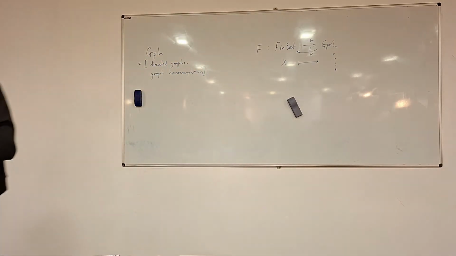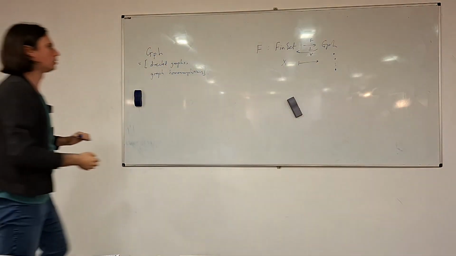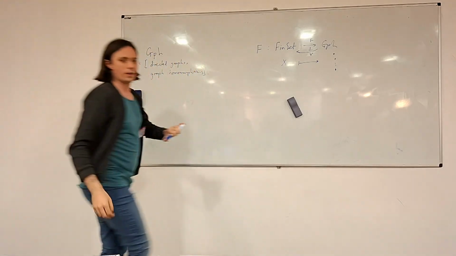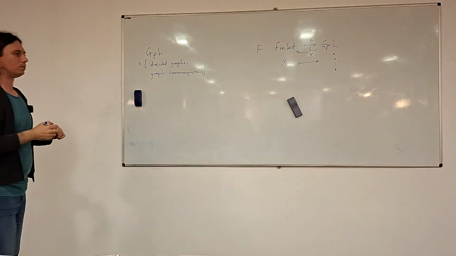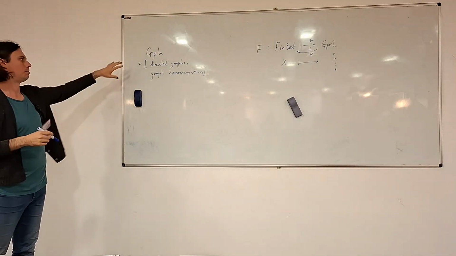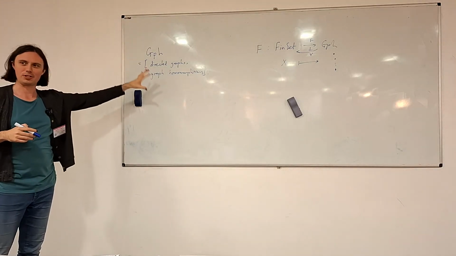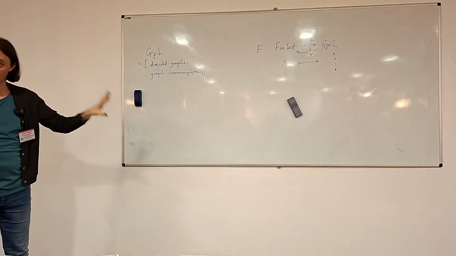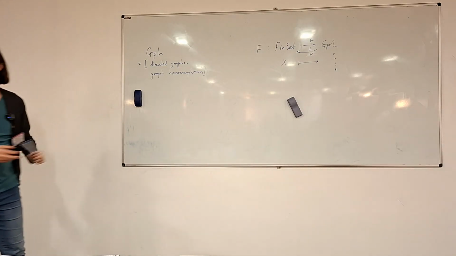Okay, so think about cospans in Graph. Because we know Graph is a topos, we know it has push-outs. Later I'm going to start calculating push-outs, but we'll come to that.